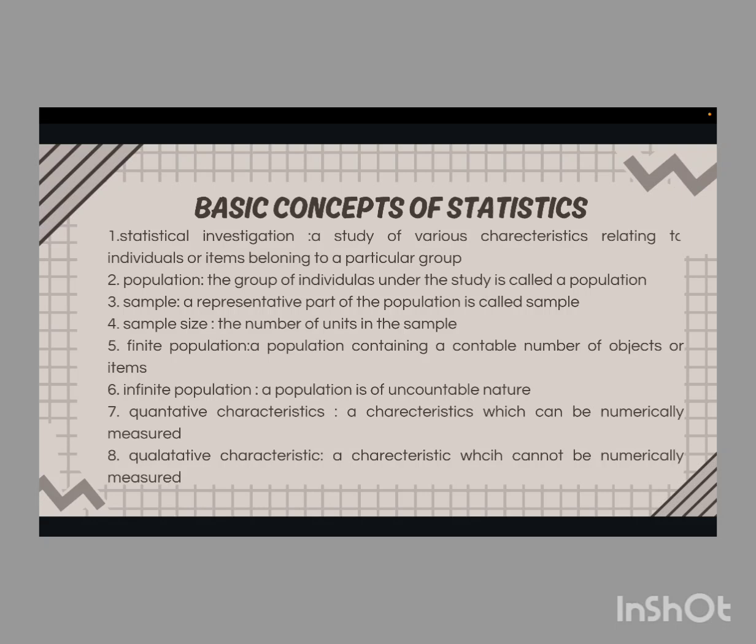Examples of qualitative characteristics can be beauty, discipline, emotions, everything is a qualitative characteristic. They cannot be measured numerically, while quantitative characteristics can always be measured numerically.